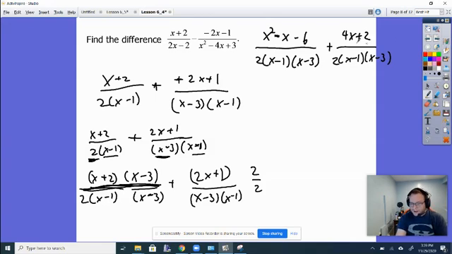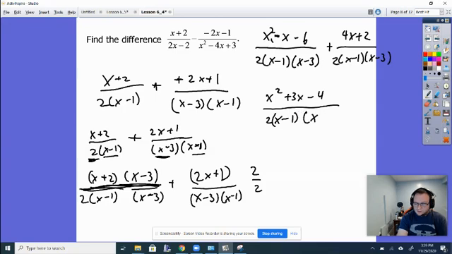At this step, we want to add these numerators. So x squared minus x plus 4x is going to be plus 3x, minus 6 plus 2 is going to be minus 4 over 2, x minus 1, x minus 3. Remember, the denominators don't change. Okay, now this is one where you can factor the numerator.